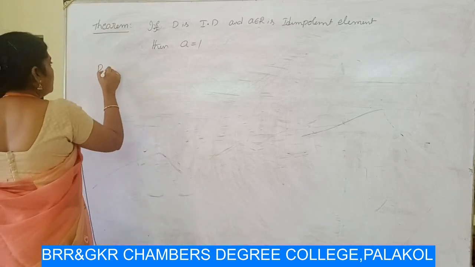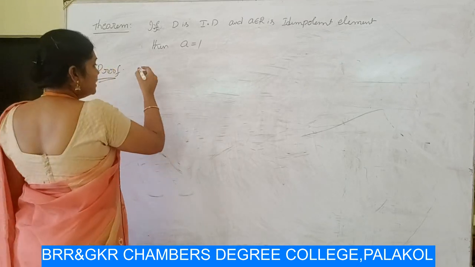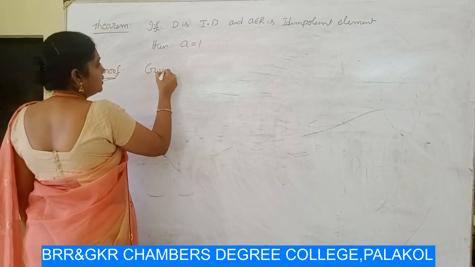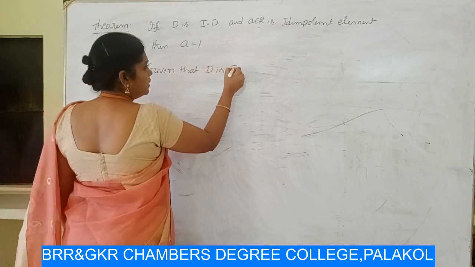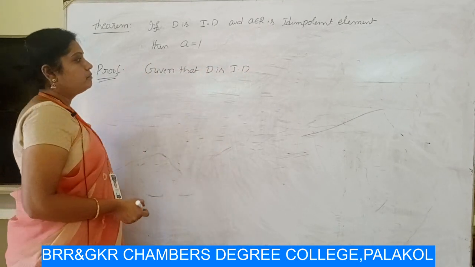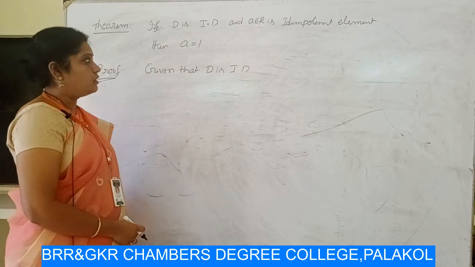Now proof. Given that D is an integral domain, that means it has unity element and is a commutative ring and satisfying has no zero divisors.